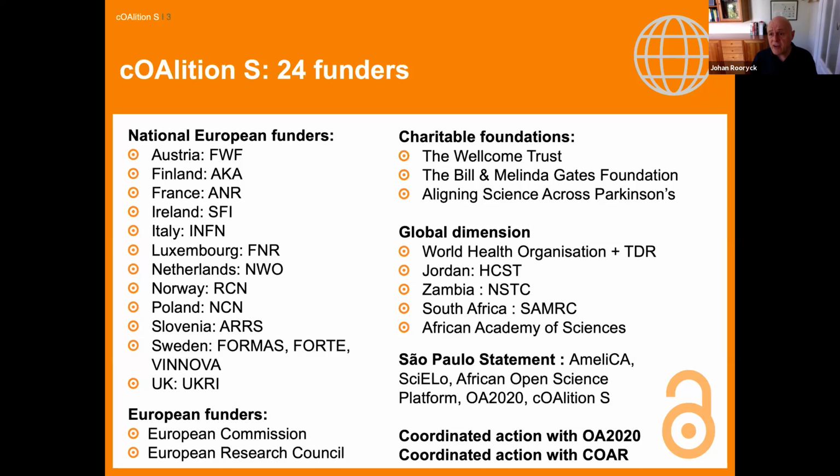There's also coordinated action with OA2020, the German organization that is organizing worldwide transformative agreements towards open access. And we have coordinated action with COAR, the Confederation of Open Access Repositories. So that's our scope for now.